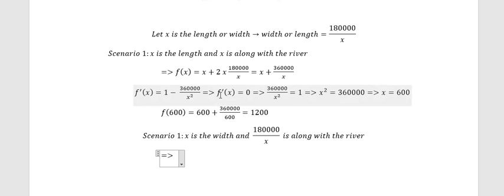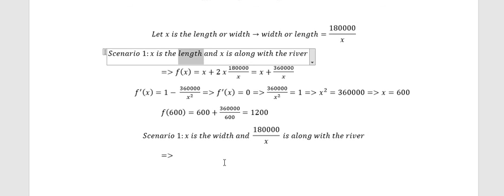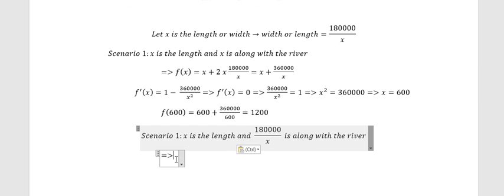Now we change the situation like this. So we have two lengths here, and we have this number along the river, so we swap the two numbers, and now we have 2S plus this number.